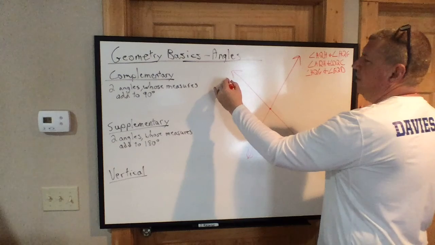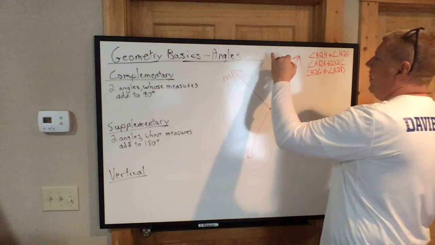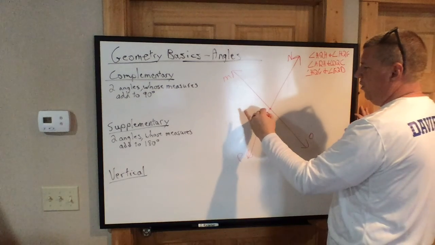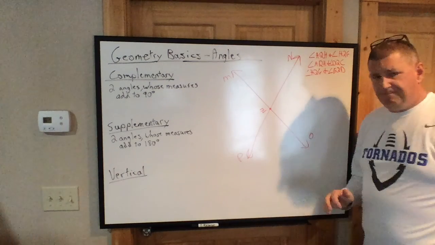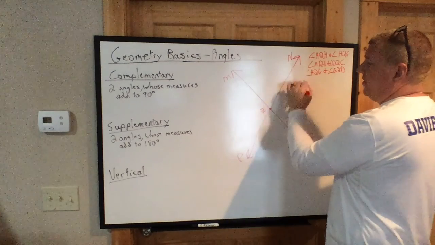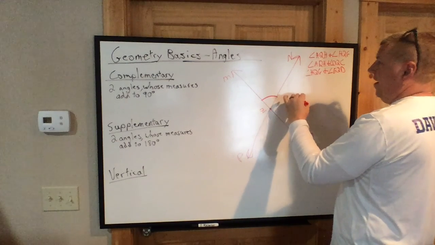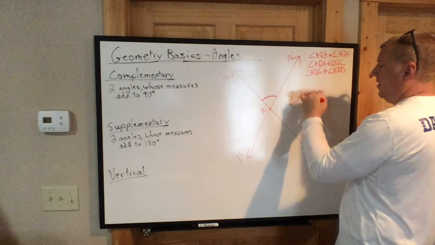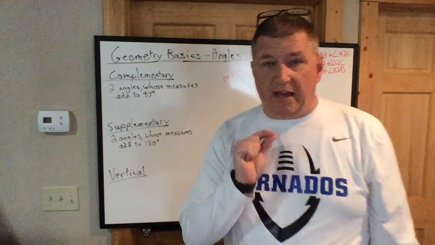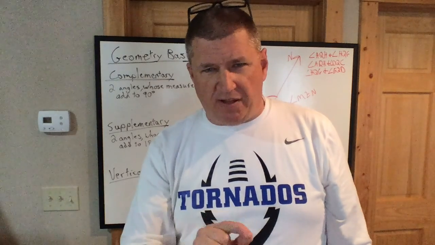So we're going to call this M, N, O, P, and we're going to call the middle point Z. So if that's the case, when we're talking about vertical angles, the intersection of these two lines, this is angle MZN. Vertical angles, the only point that they share is the vertex.